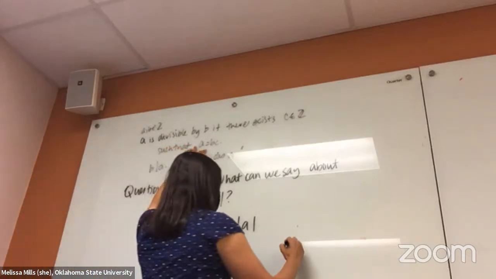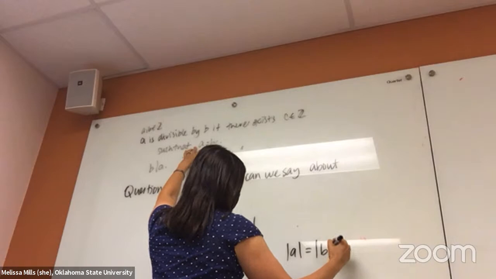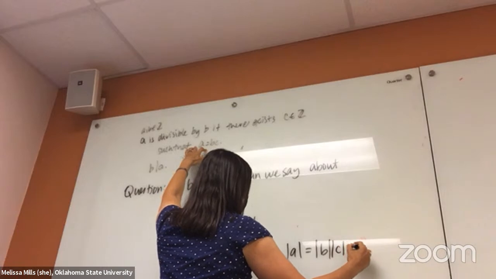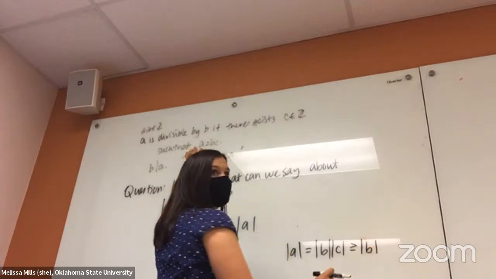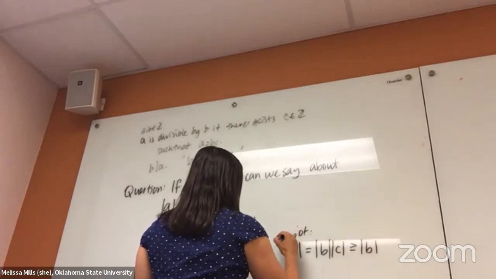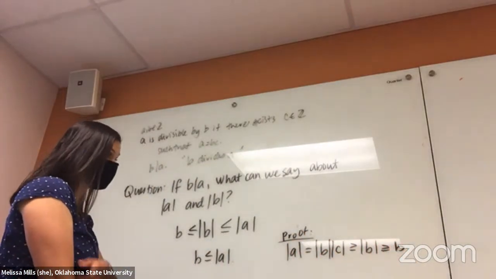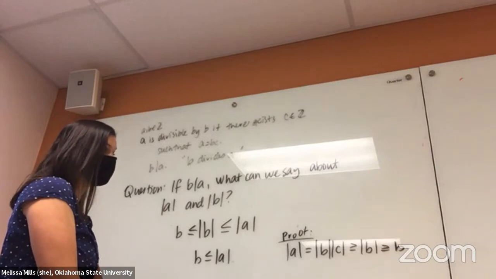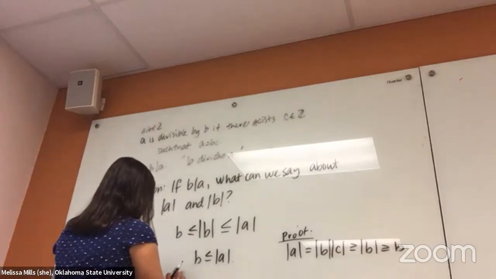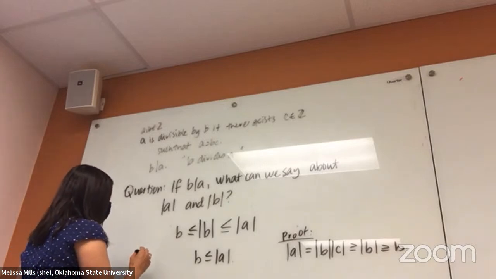So the absolute value of A is equal to the absolute value of B times the absolute value of C, which is greater than or equal to just the absolute value of B by itself, because the absolute value of B is the magnitude of B. So this is a fact, and we'll refer back to this later, so we'll call this a remark.